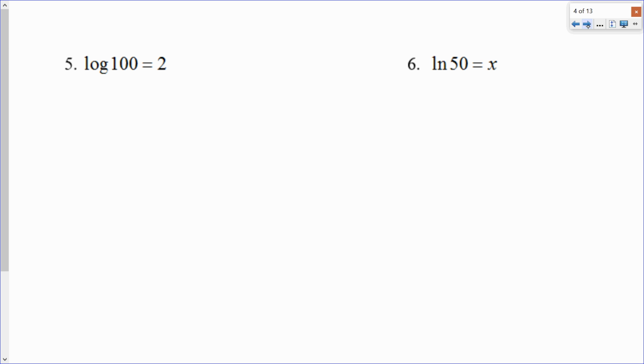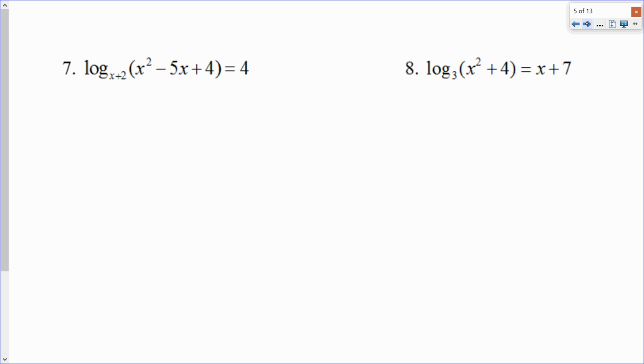Little hint for 5 and 6: if there is no base written for log, it's a base of 10. And for ln, the base is e. So why don't you take about 30 seconds and put 5 and 6 into exponential form.